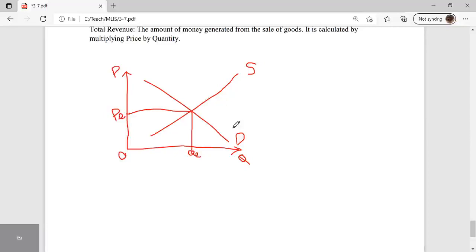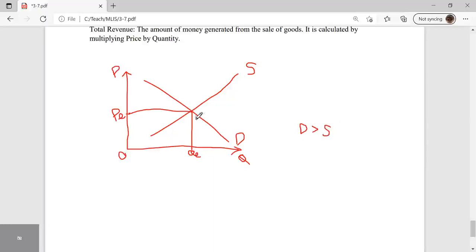Now we are talking about excess demand. If you observe the name, excess demand means demand is greater than supply. If you think of it literally, that's the definition of excess demand.